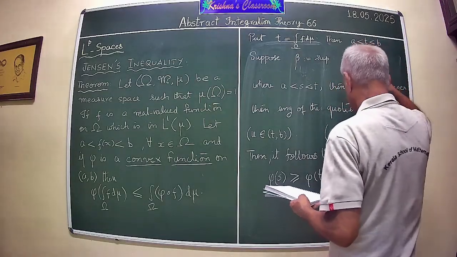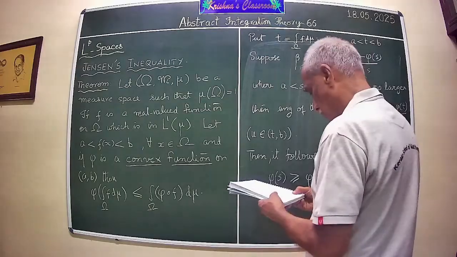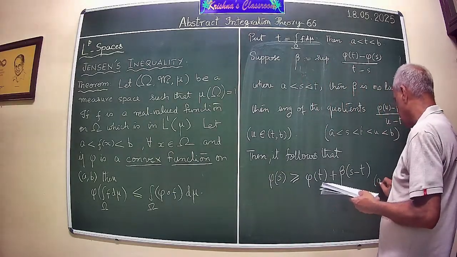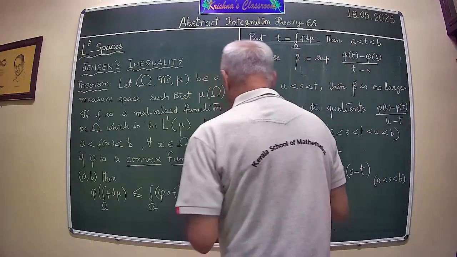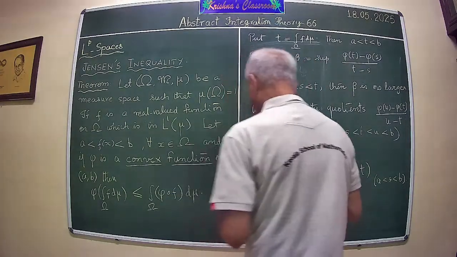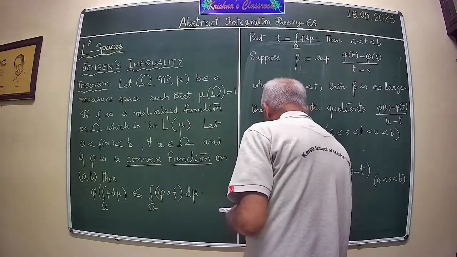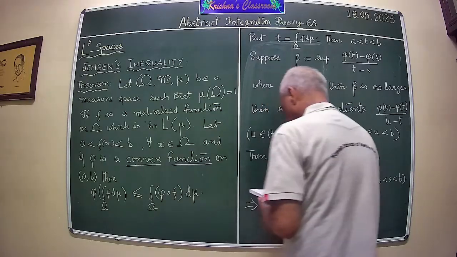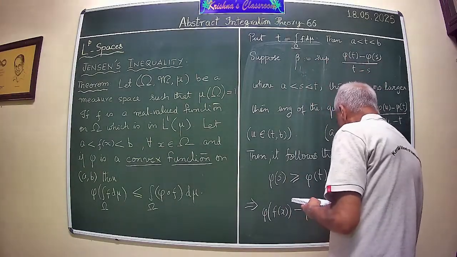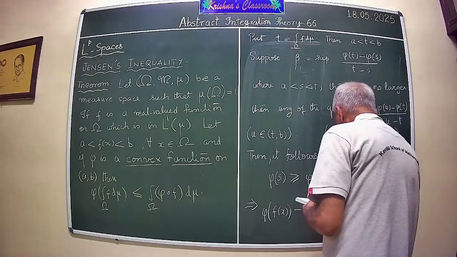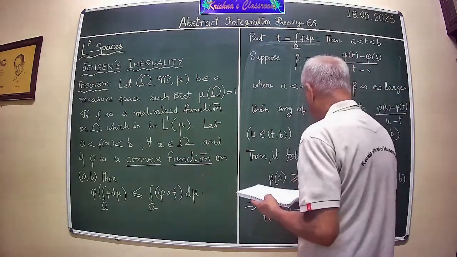So you can work this out easily, right? So this is true for all s, and therefore this implies phi of s, you write as f x, phi t is.